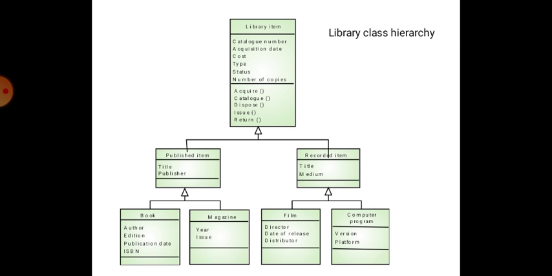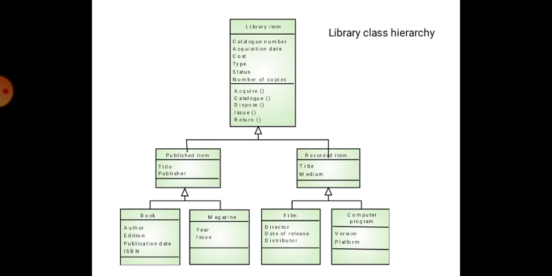Students, in this diagram, which I will be sending with the PDF also, this diagram I sent yesterday. You have here in all 7 rectangles. One rectangle on the very top has 3 subdivisions. Yesterday we saw the first subdivision talks about the name of the object, the next talks about the attributes, and the next talks about the functions or methods.